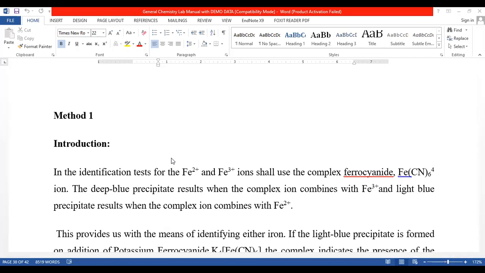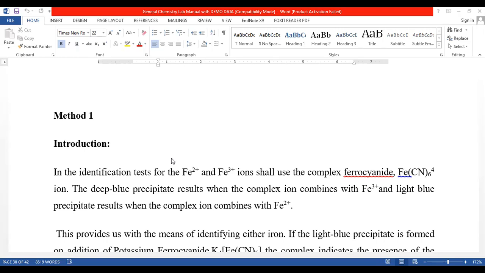There are several methods which we can apply to find out the existence of various iron ions. Usually in the laboratory you can carry out the experiment using both methods. Here we usually make an aqueous solution of the iron compound, and then we make an identification reagent.